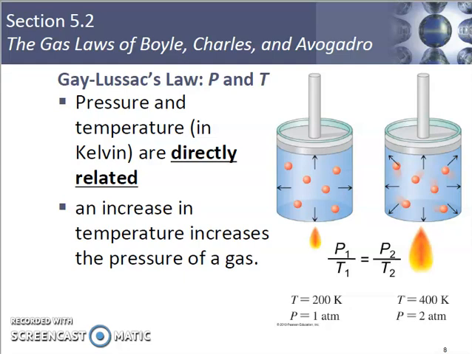On this one, you will also want to make sure that your temperatures are in Kelvin. So anytime you're given your temperatures in degrees Celsius, you'll want to convert those to Kelvin and then plug them in.